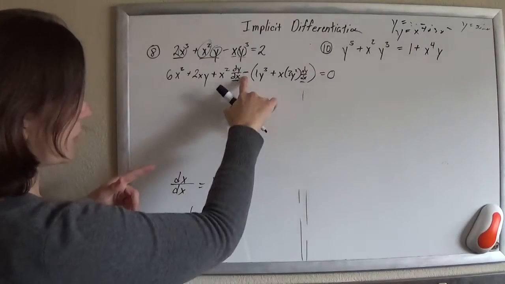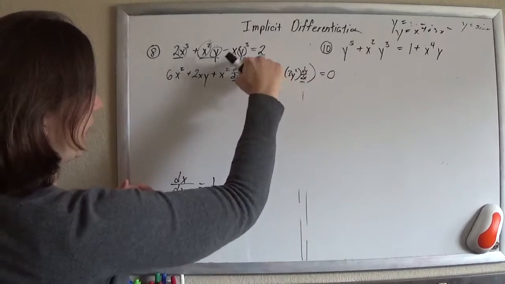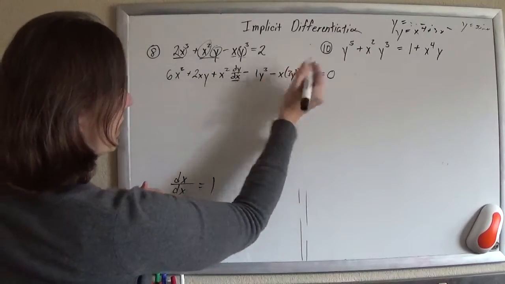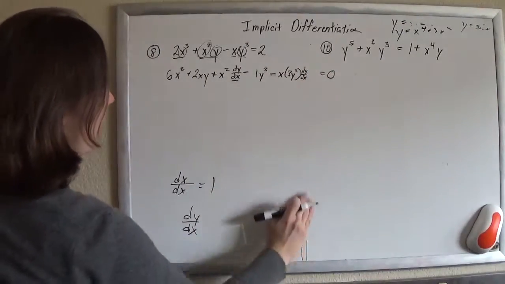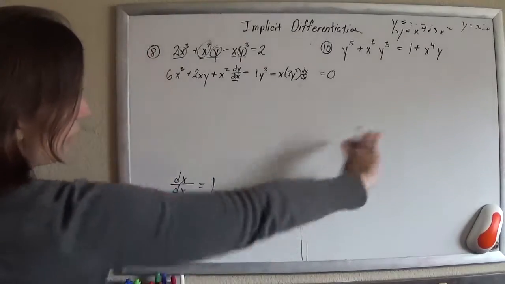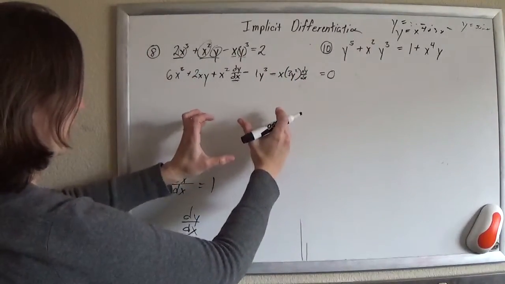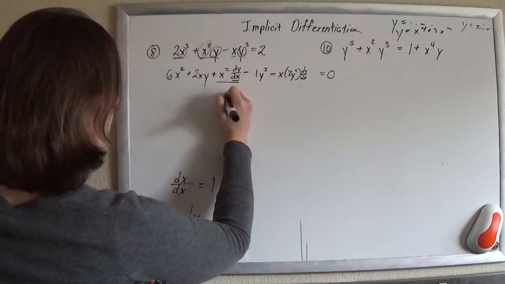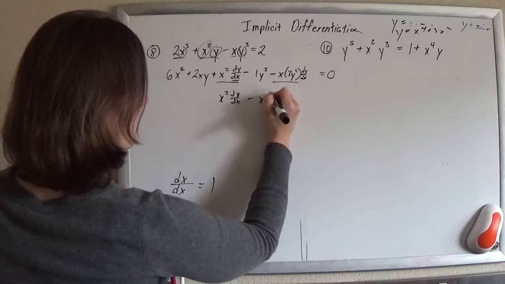I'm going to go ahead and distribute this negative. So this will be a negative that, and then this will be a negative that. So that negative got distributed to both. And I'm going to kick everything without a dy/dx onto the other side and leave everything with a dy/dx on this side. So this guy is staying put. This guy is staying put.